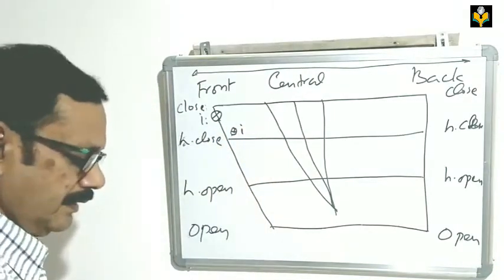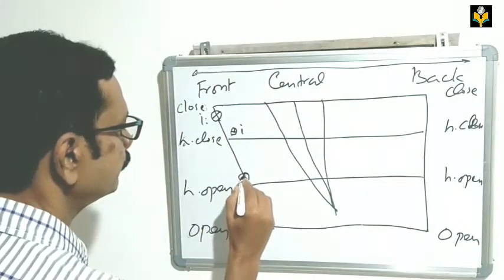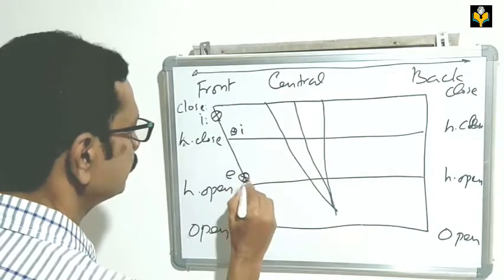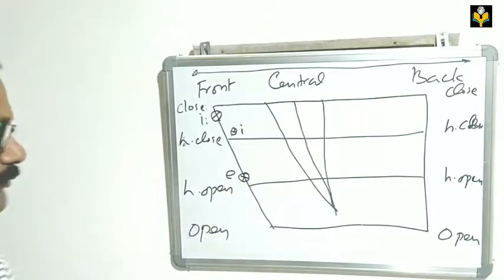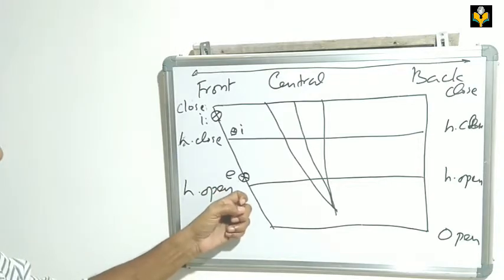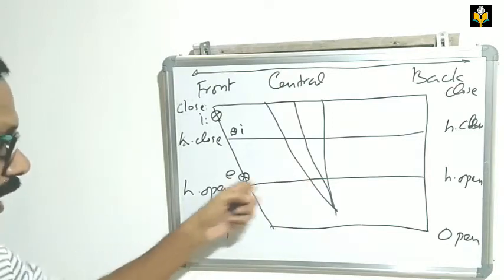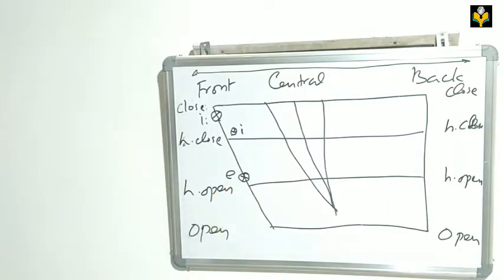Then we can have A somewhere here. That is A, front, half open, unrounded. This is front, this is half open, this is unrounded.